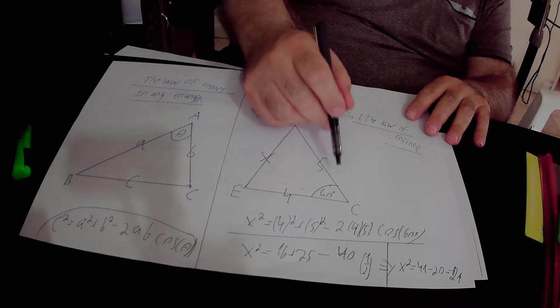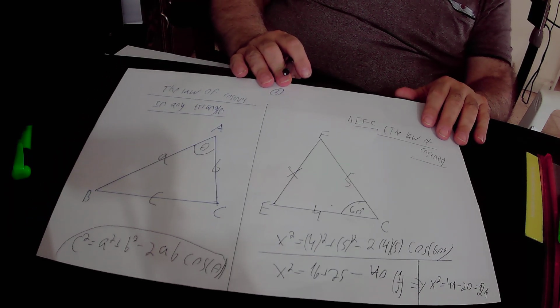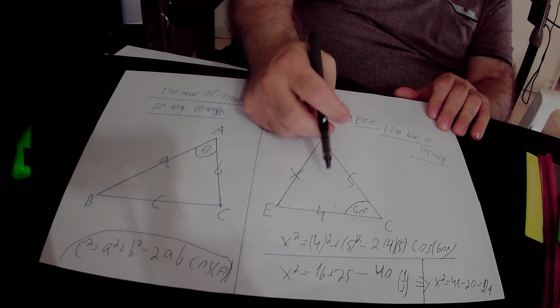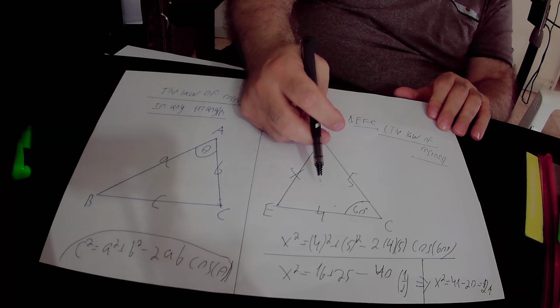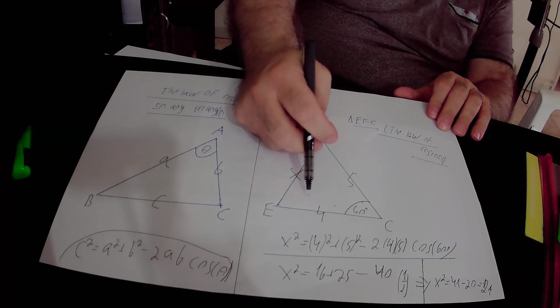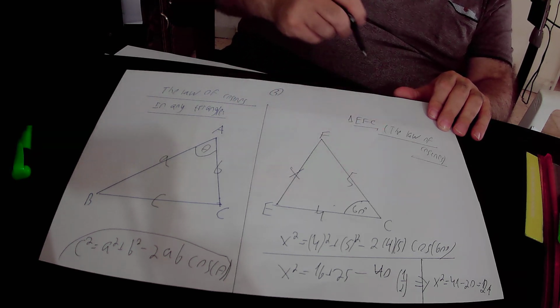So according to the law of cosines, in triangle EFC, x squared equals 4 squared plus 5 squared minus 2 times 4 times 5 times cosine 60 degrees.